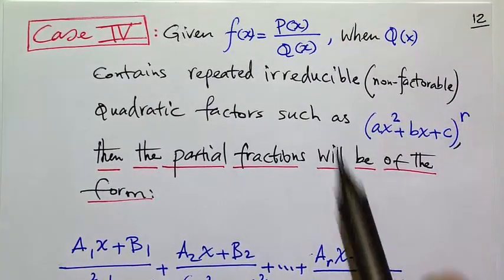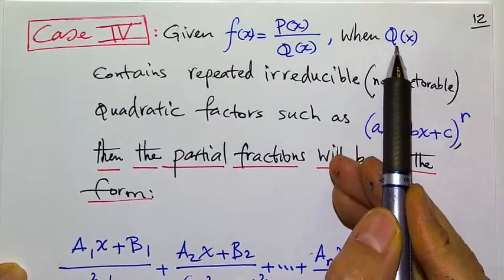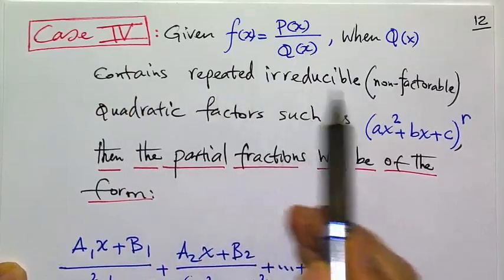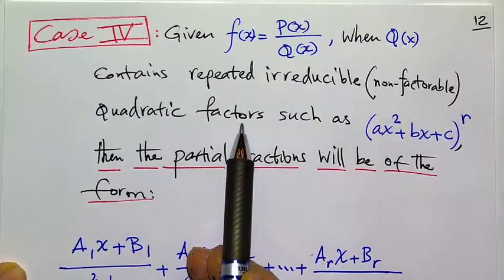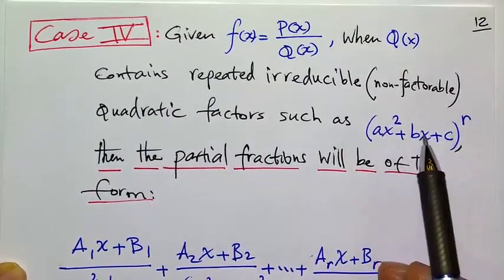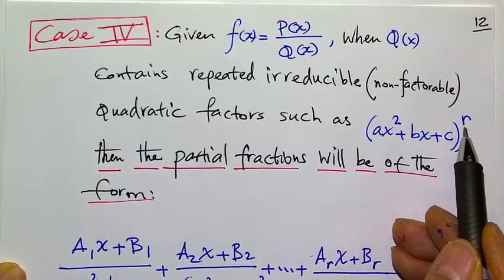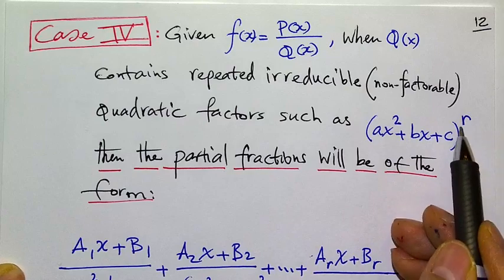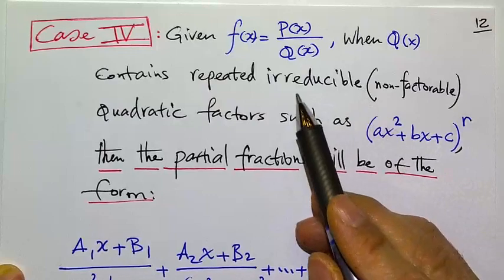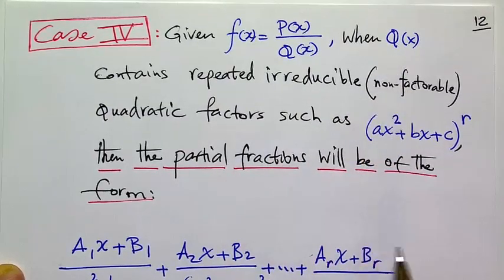It is when we have a rational function such that Q(x), the denominator, contains repeated, irreducible, non-factorable quadratic factors. See that power? That means the quadratic factors now can be repeated. This is case 4. Case 3 was that these irreducible, non-factorable quadratic factors in the denominator were not repeated.